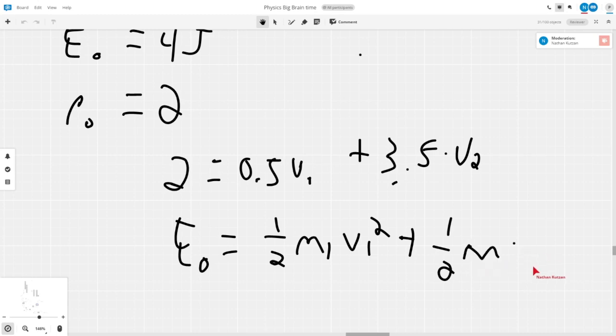And then we're going to replace these with 0.5 v1 squared and 3.5 v2 squared. Okay, I know that momentum problems are confusing, and that's just how momentum problems are.